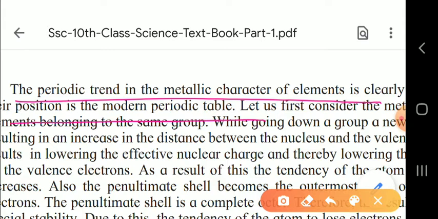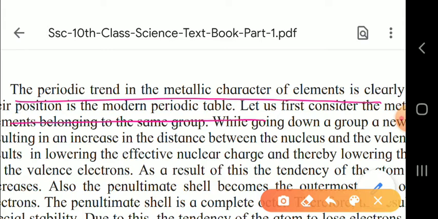When a new shell is added, it results in an increase in the distance between the nucleus and the valence electron. This results in a lowering of the effective nuclear charge and therefore a lowering of the attractive force on the valence electron. So what will be the result, children?